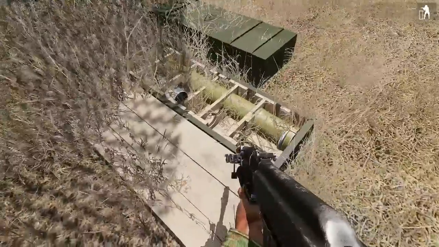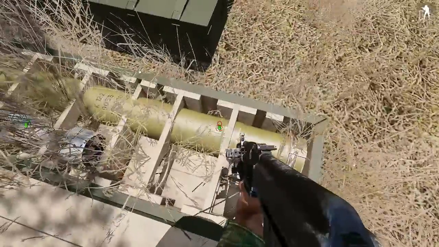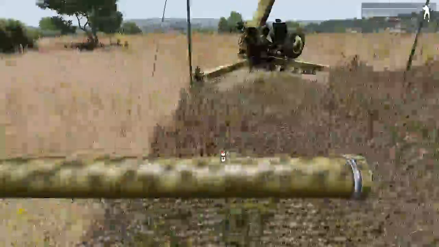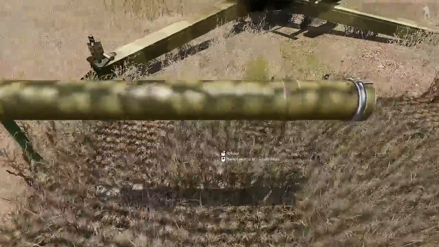What do we do? Well, you take out the shell, bring it somewhere close to the gun. Anyway, you will have to take it out. You need to open the shell.